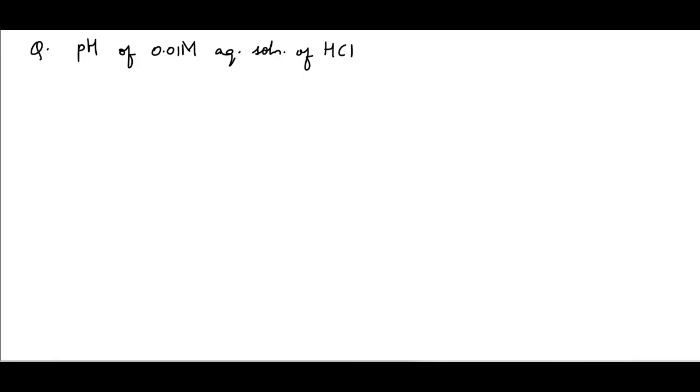Therefore H3O plus in 0.01 molar HCl will be approximately equal to the concentration of the acid, 0.01 molar, because the OH minus ion will be very, very less.